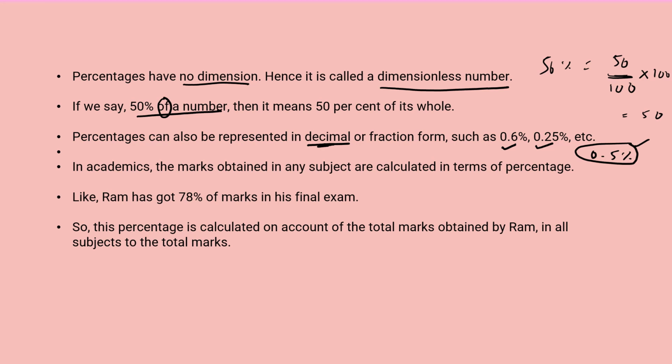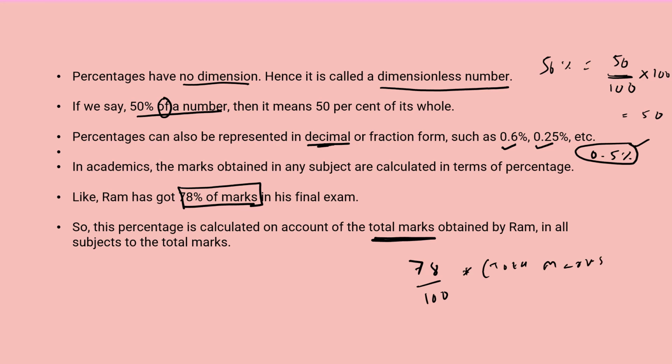So a very general use case which we all have come across is when we are getting our report card or mark sheet. Generally we talk about what is the percentage of marks. So if we are telling 78% of marks, what does it mean? Out of the total marks, we have 78 percent. So what we will do? 78 divided by 100, and we will multiply it with the total marks.